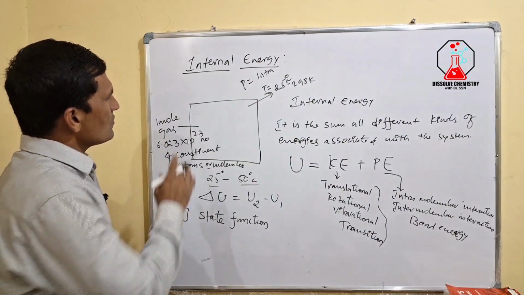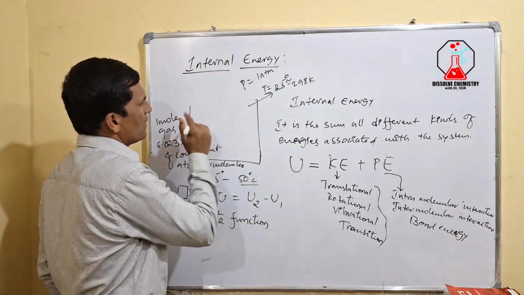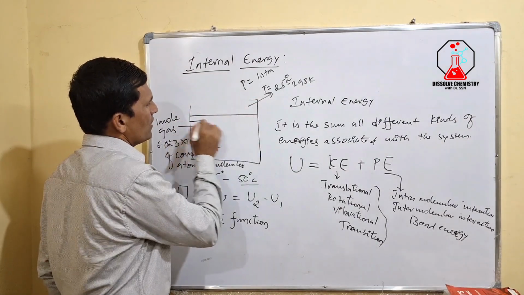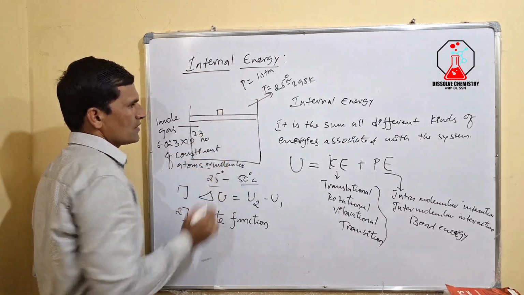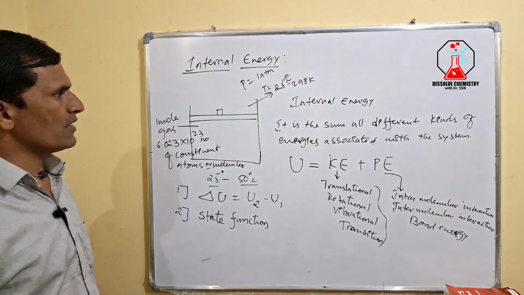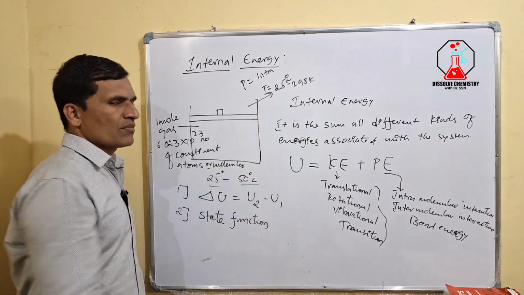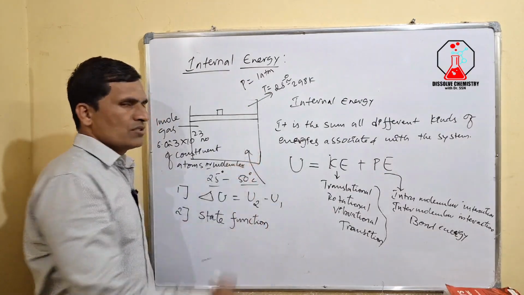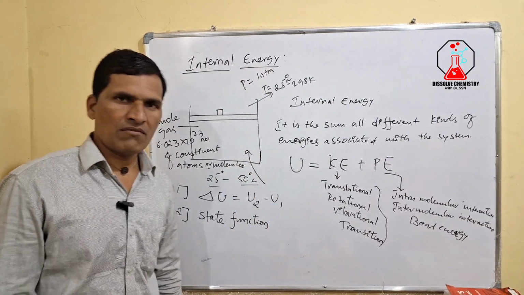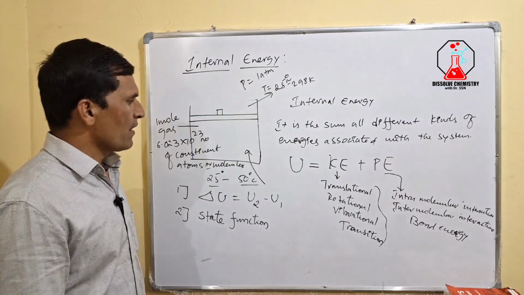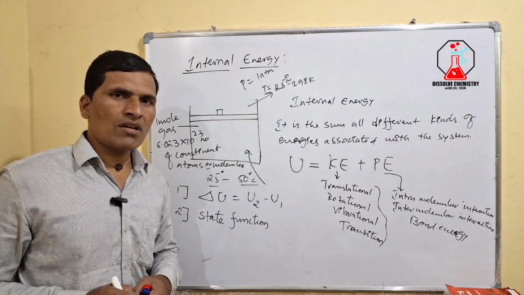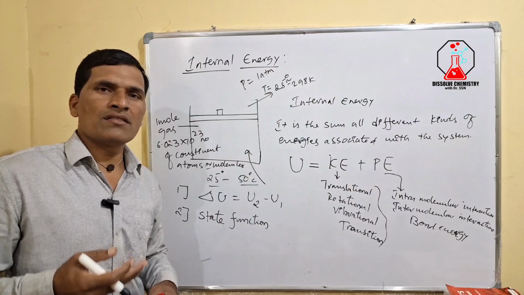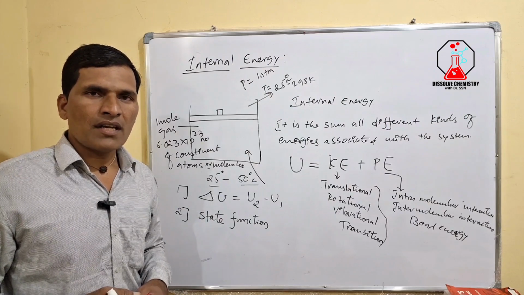Now if I confine this 1 mole of gas in a cylinder which is fitted with a piston, say it absorbs heat energy at constant pressure. When it absorbs the energy, its internal energy immediately rises.